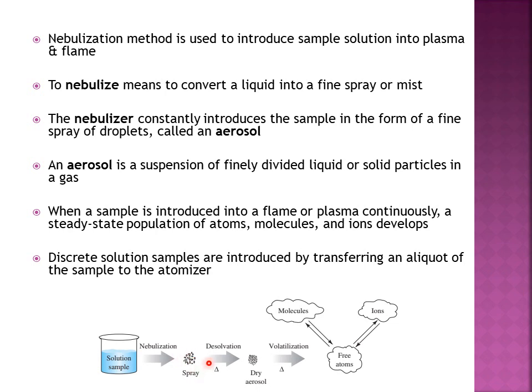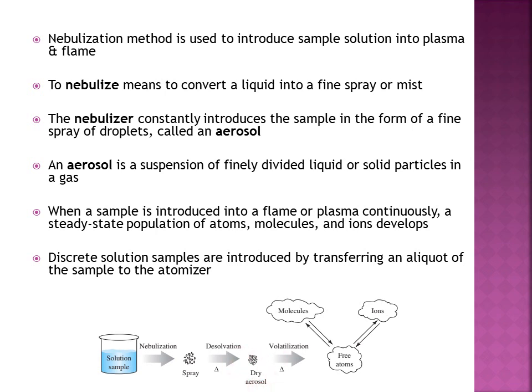In this form, it enters the atomizer, which may be flame or plasma. Now this aerosol has entered the atomizer. By using the heat from the atomizer, the first step is desolvation. So the solvent is removed, and this aerosol is converted into dry aerosol.